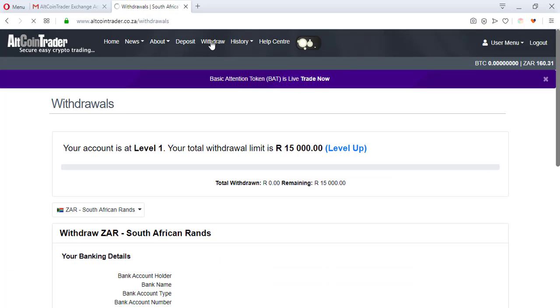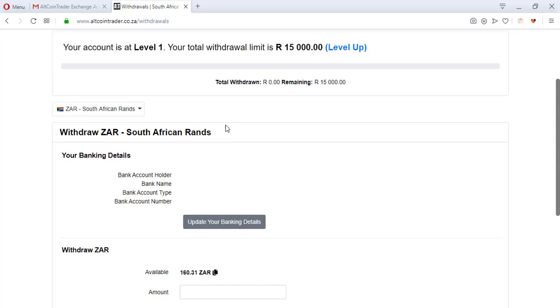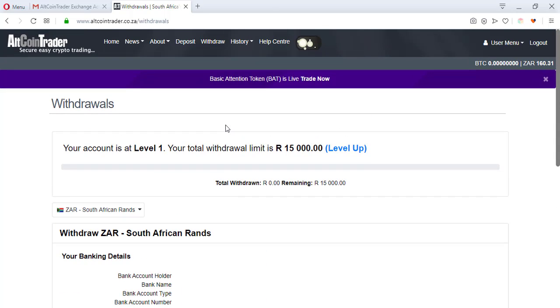Now if I go to withdraw, okay, what you need to do is verify your phone number and put your personal details, and your account can be limited to 15,000 withdrawal. But if you need to withdraw more, you have to go through the FICA verification, whereby you submit your ID and your proof of residence.